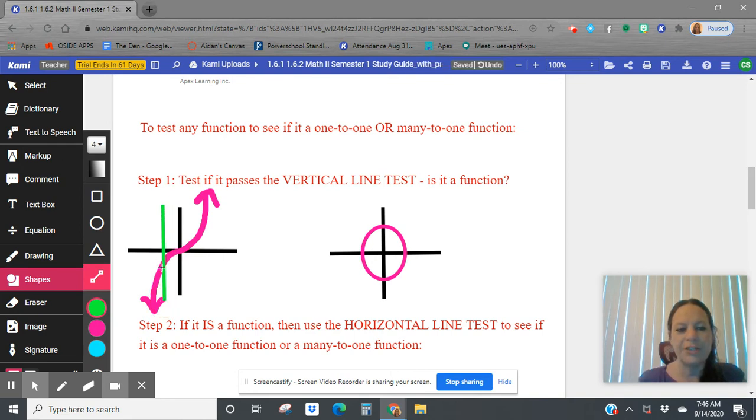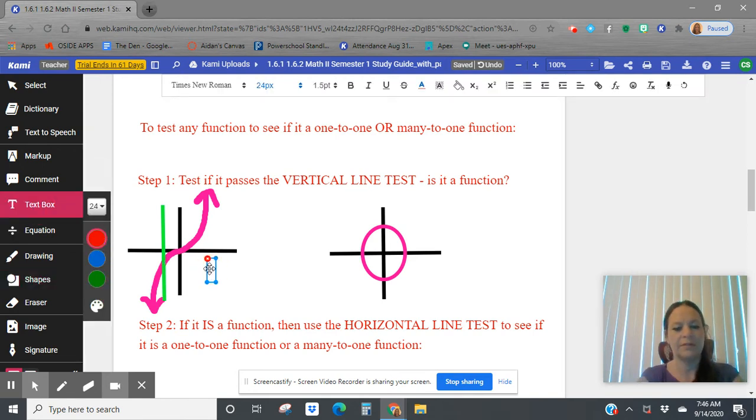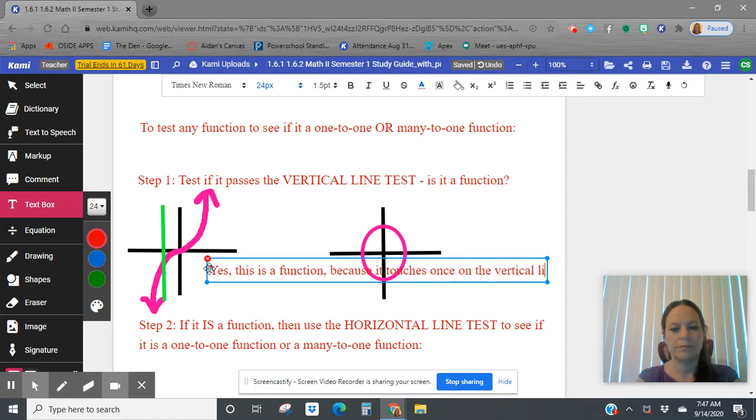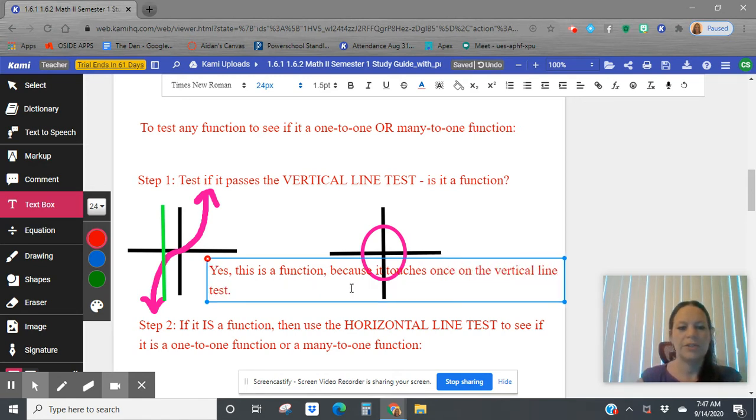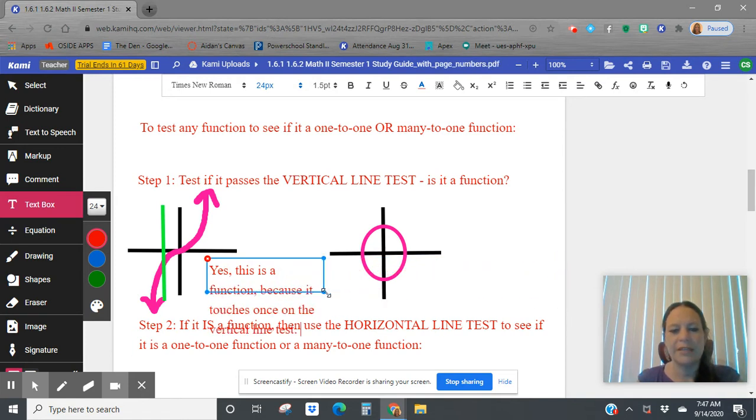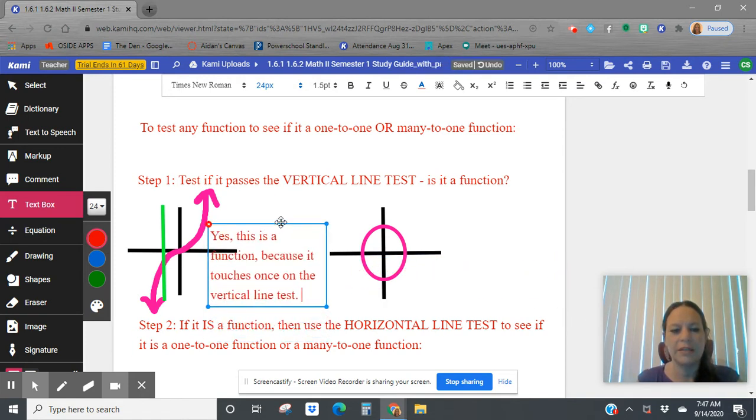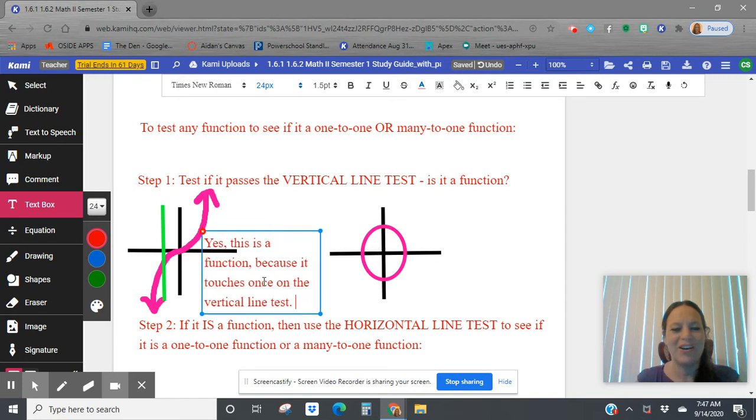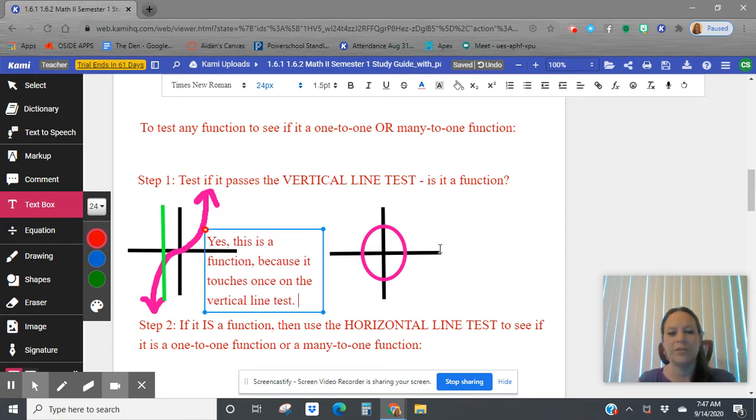If the graph touches once, like this does, it passes the vertical line test and it is a function. Yes, this is a function because it touches once on the vertical line test.